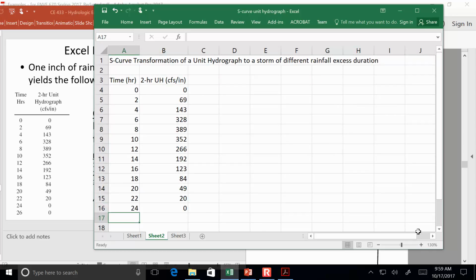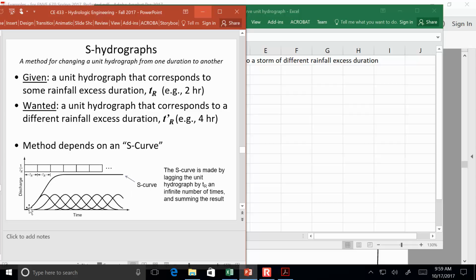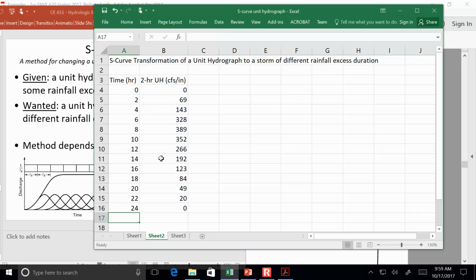Okay, so once you get it on there, we're going to need to repeat this same hydrograph over and over again, but delayed. If we go back to what this looked like, here's our original actual hydrograph. We want the same thing delayed by the duration of the storm. We were told that this hydrograph is because we had a rainfall excess event of 2 hours.